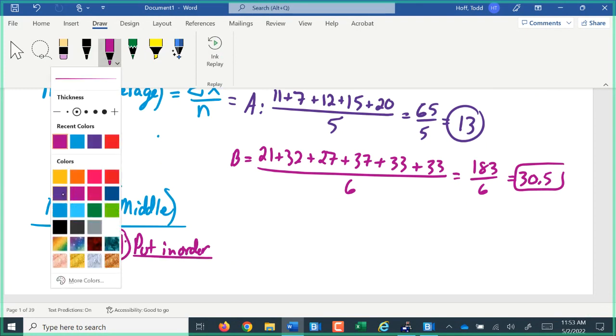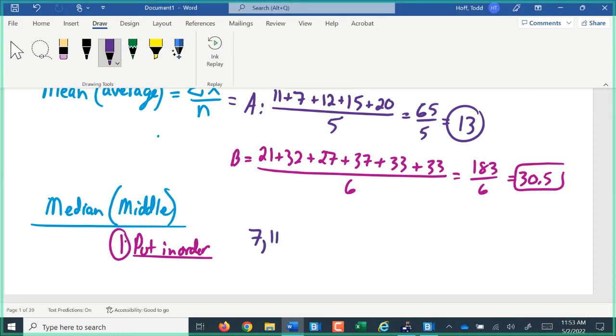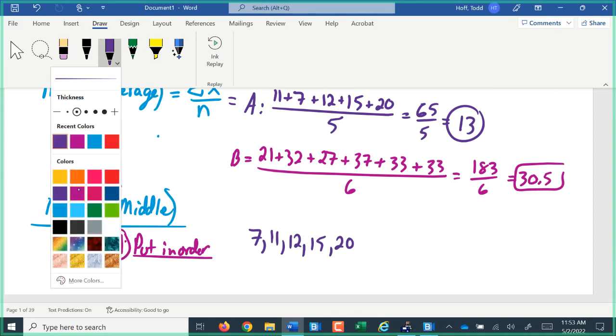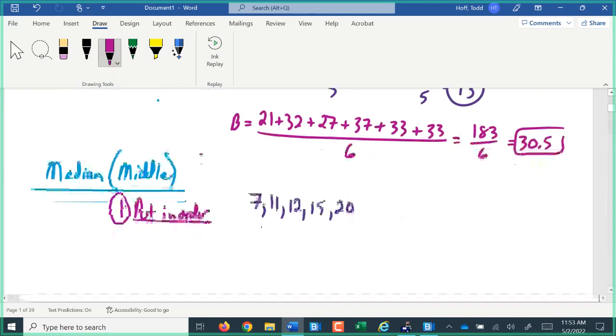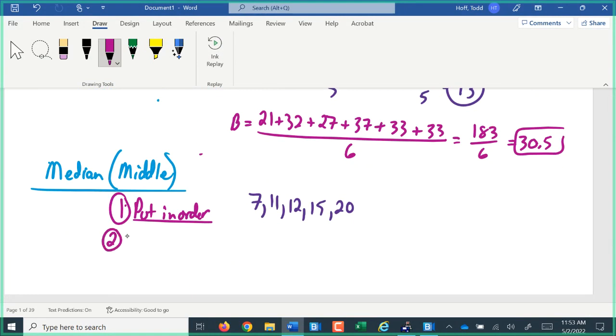So let's do that for set A. If I put those in order, it's going to be 7, 11, 12, 15, and 20. So they're in order. Step 2, find the location of the median.